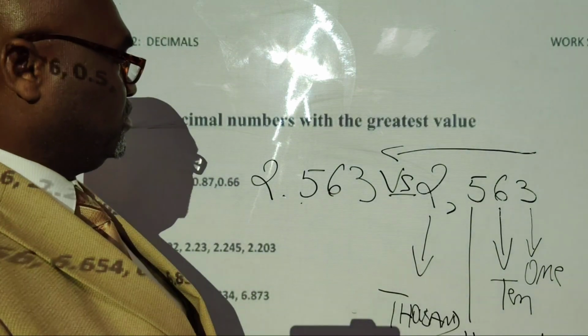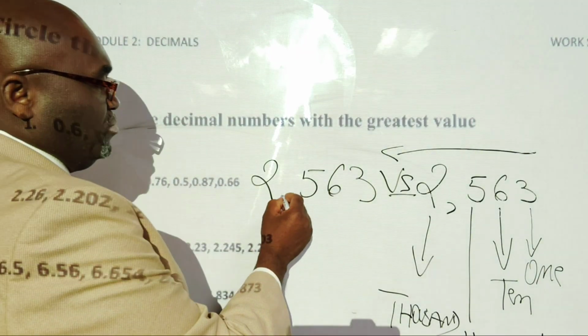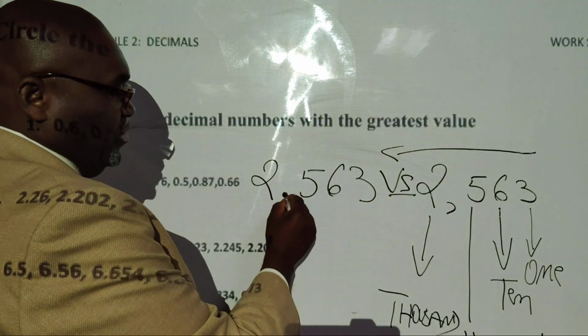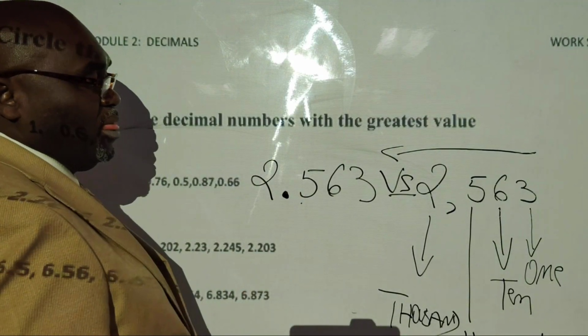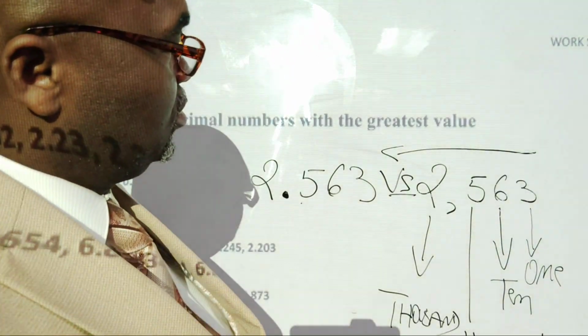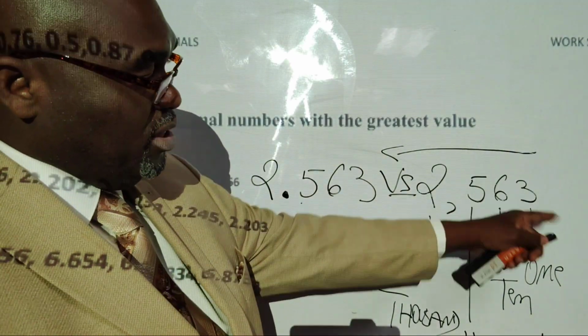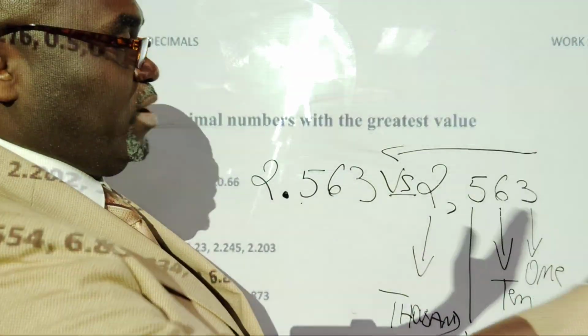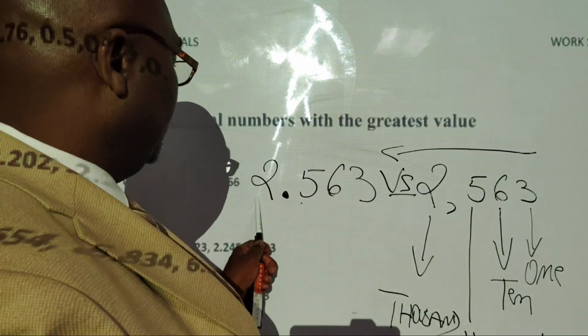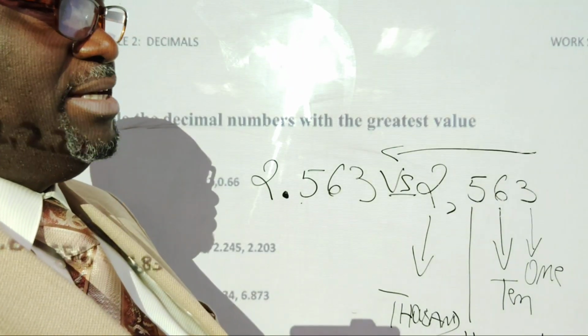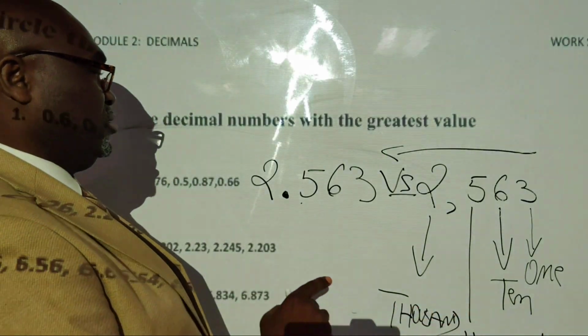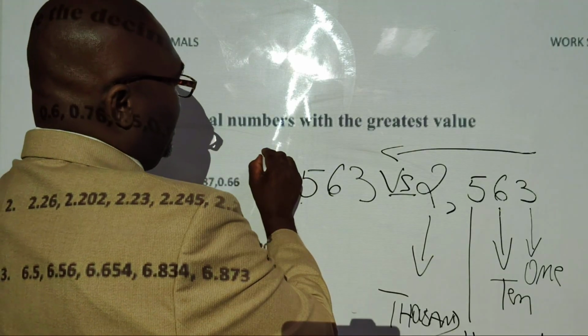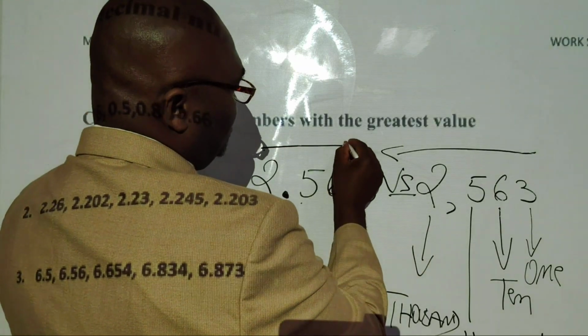Pay attention. In a decimal number, you have a point right there, what we call the decimal point. You read a whole number from right to left, but you read your decimal number in the opposite direction, from left to right.